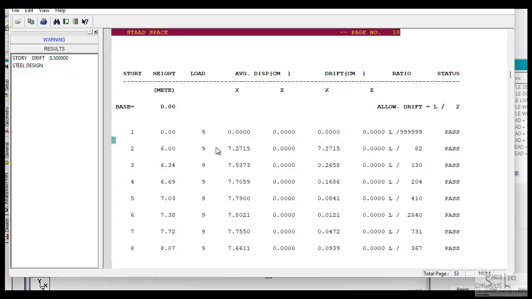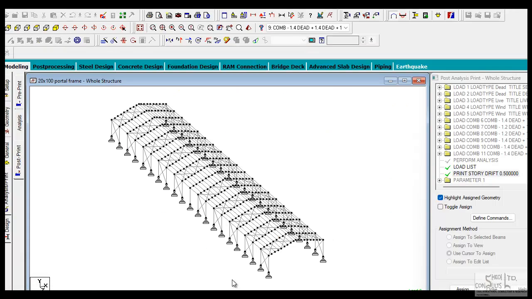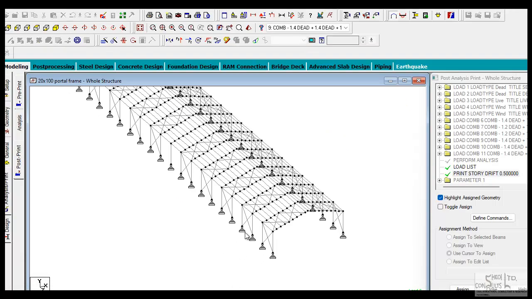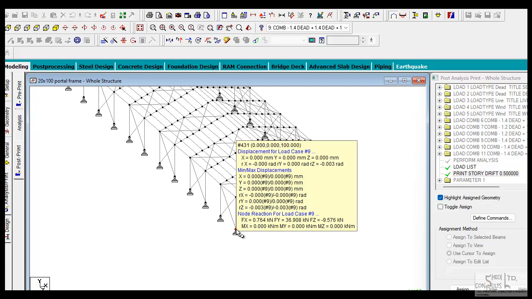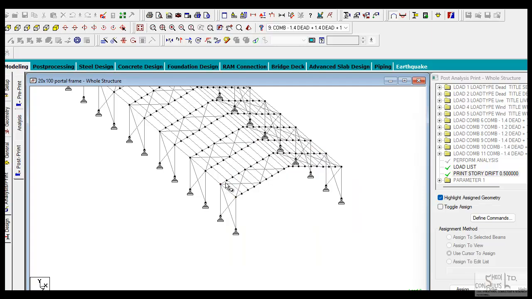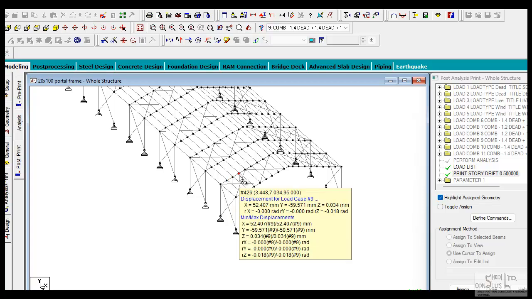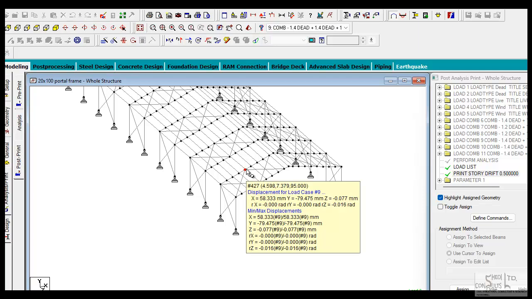Now, what the lateral drift factor does is that it will subdivide your structure into horizontal arbitrary planes that correspond to the location of each joint. Let me explain this a little bit further. This joint is at y equal to 0. This is at y equal to 6. This is at 6.345, 6.69, 7.034, and so on.